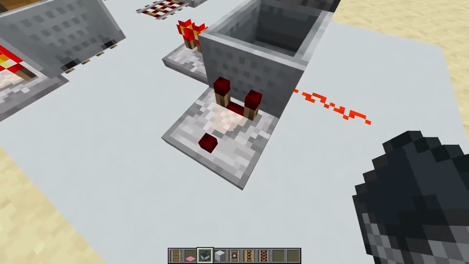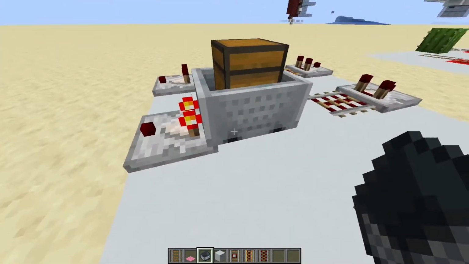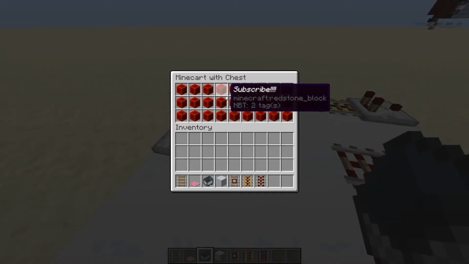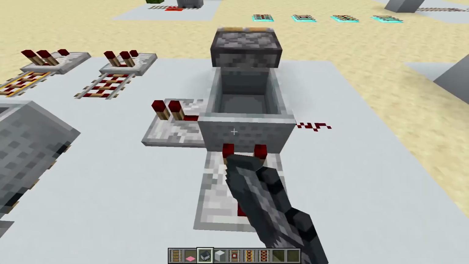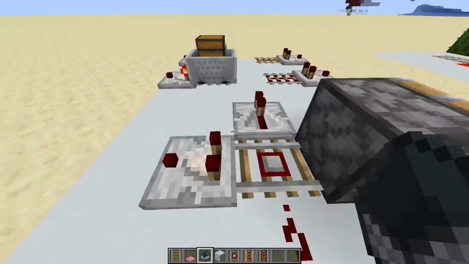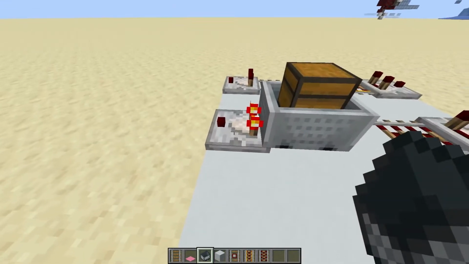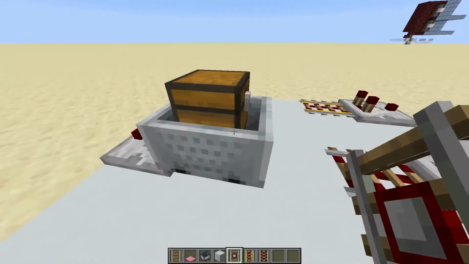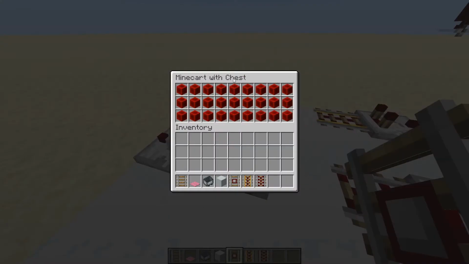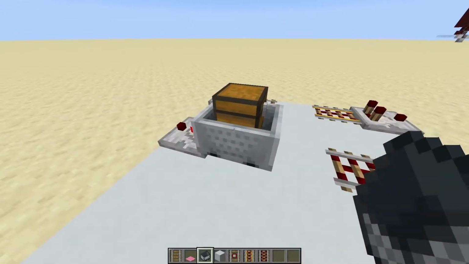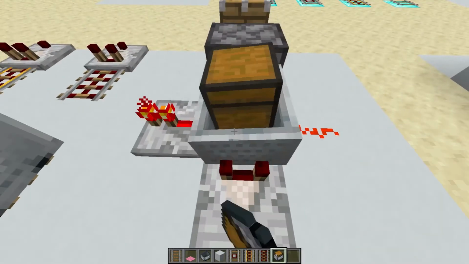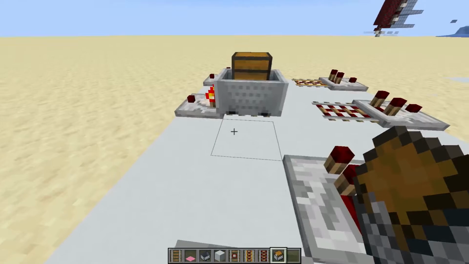That also leads to our second feature, which is when a hopper minecart or a minecart with a chest is on one of these detector rails, it will actually put out a redstone signal as if it is a block of hopper or a block of chest.